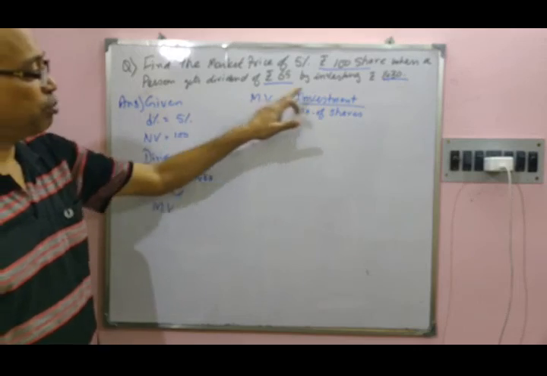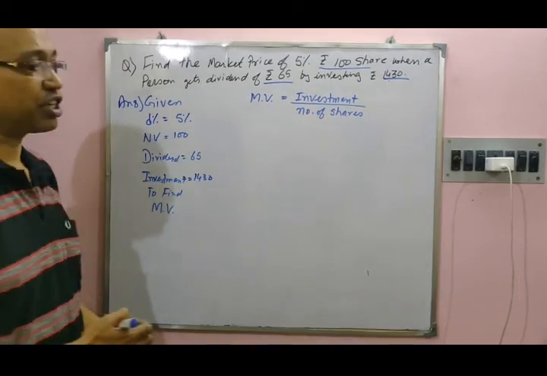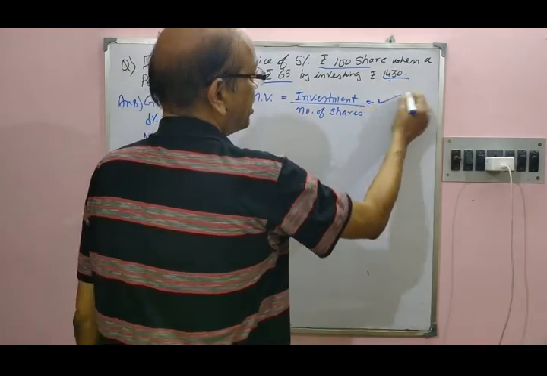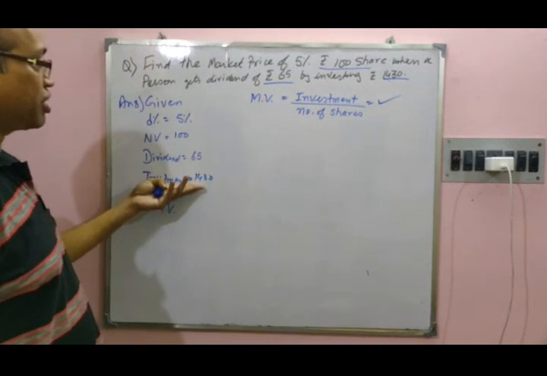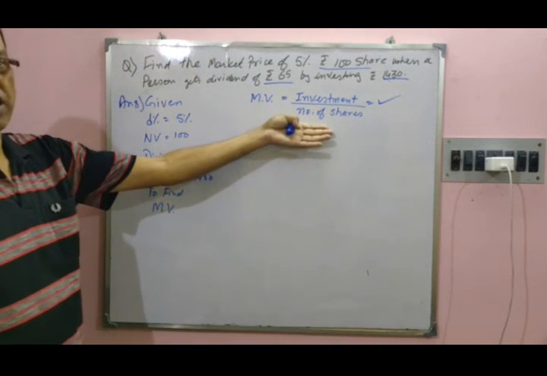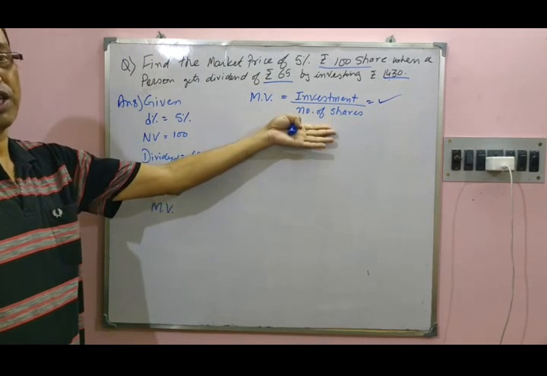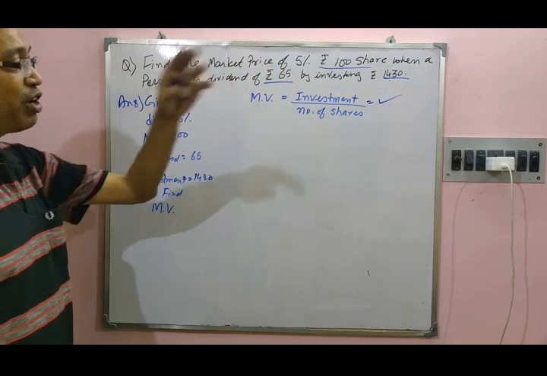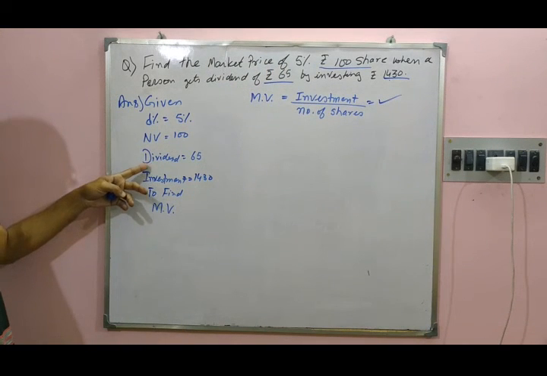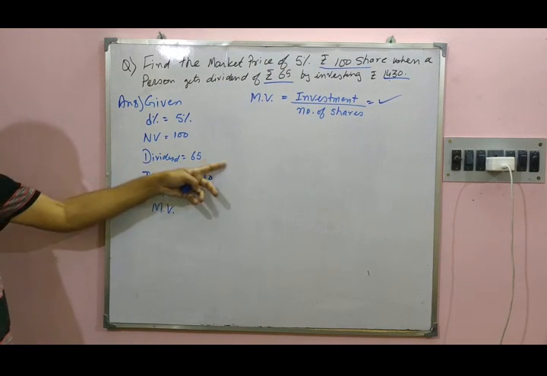Therefore, market value will be investment by number of shares. I know the investment, but do we know the number of shares? We do not know the number of shares, so we have to find it out. How can I find out the number of shares?